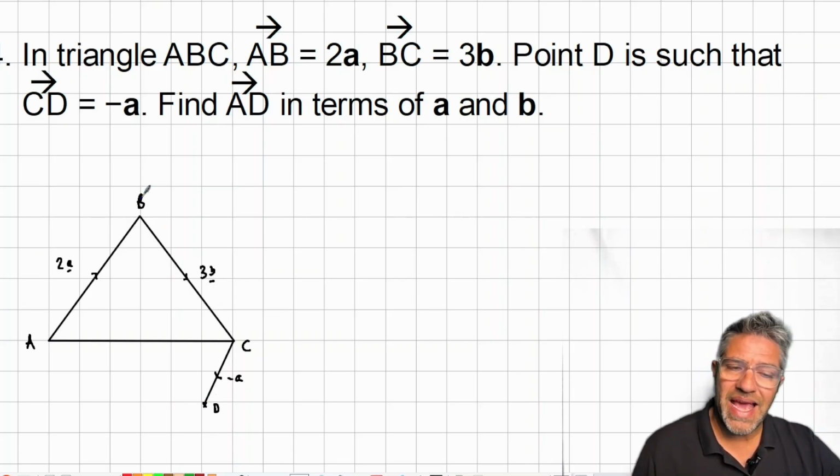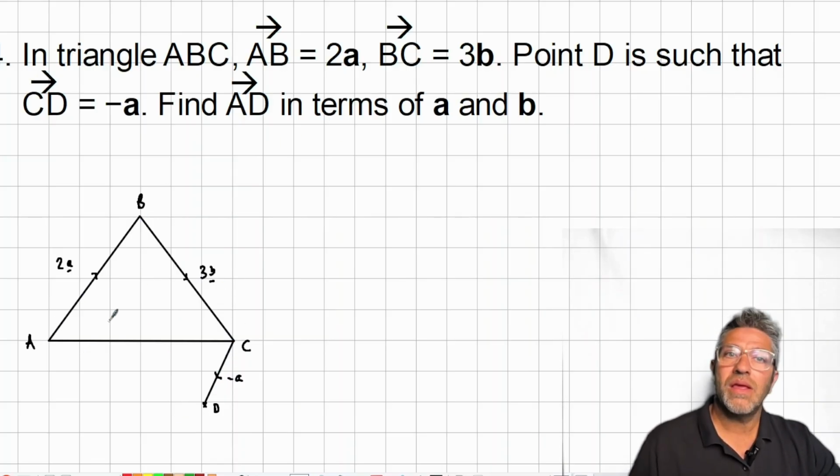You'll notice here, A to B was 2a. So negative a has to go in the opposite direction and half as long. A vector gives us direction and distance. So the arrow must go in the opposite direction with half the length.